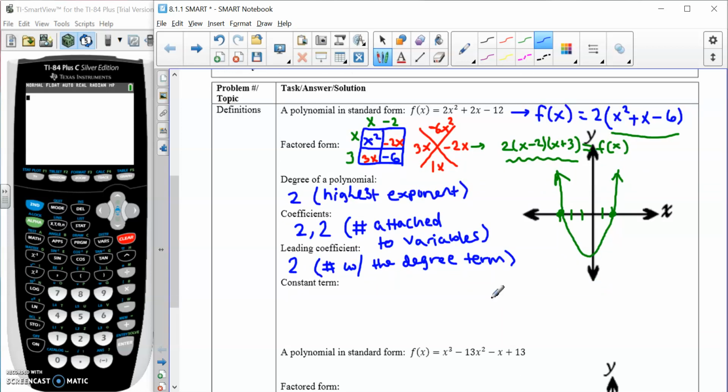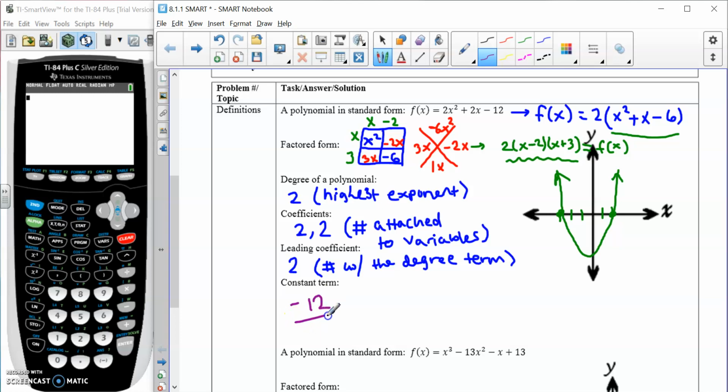That brings us then to the constant term. So a constant term is the term that doesn't have any variable in it. So these two have x's in them. This one, this little -12 is just hanging out by itself, and that is what we are going to call our constant term. Because it's just a number, it doesn't have any variables with it, so it will never change.